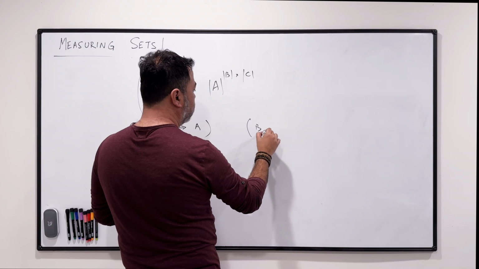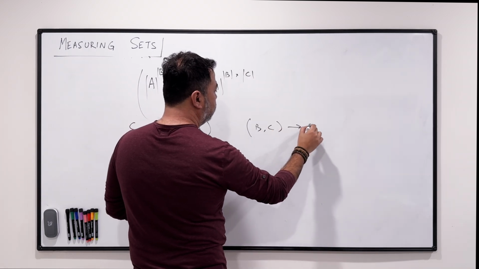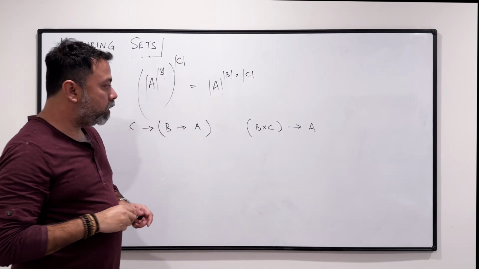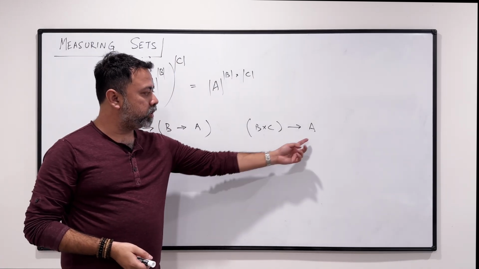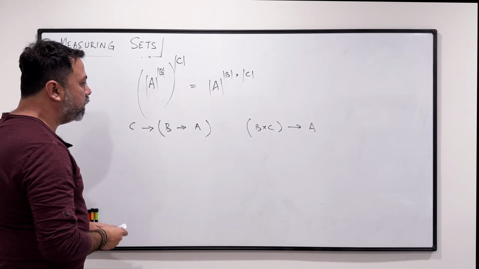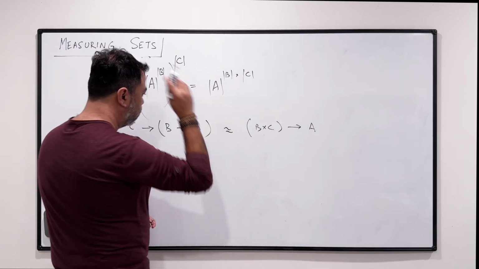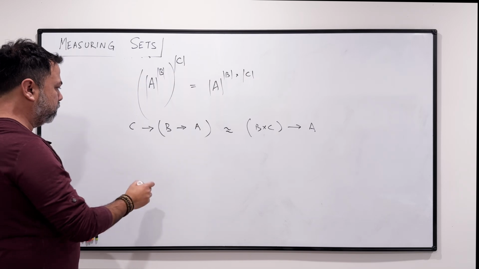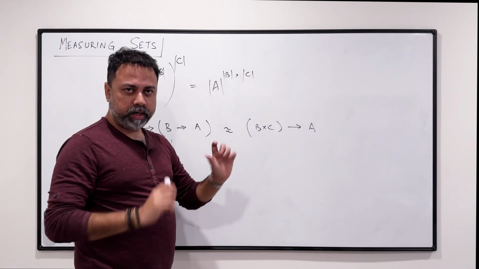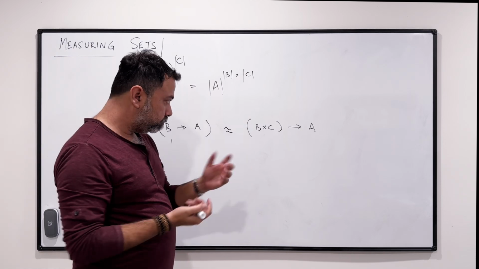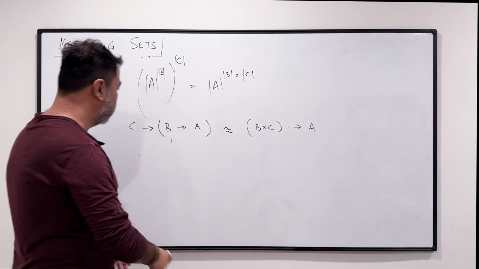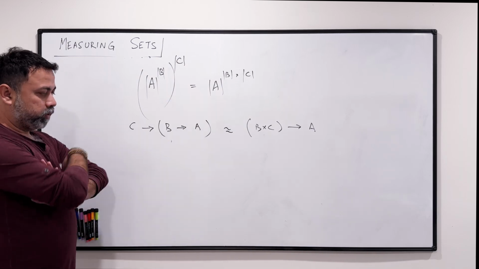So here you're saying, give me a pair, one from B and one from C, and I'll give you an A, right? And in fact, you can show that not only are these isomorphic, but you can give them in any order because it's just like pairs, right? You can flip the order, and if you flip the order, then there's still a bijection between these sets. So all of these turn out to be equal, right?